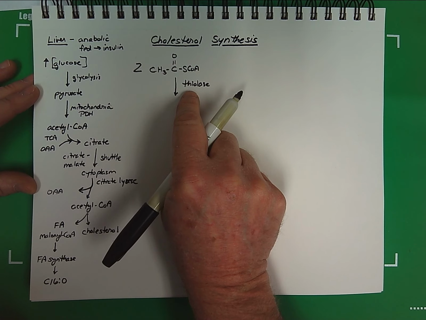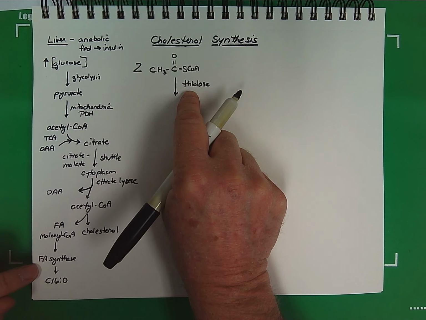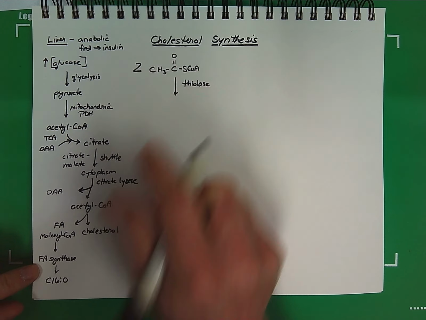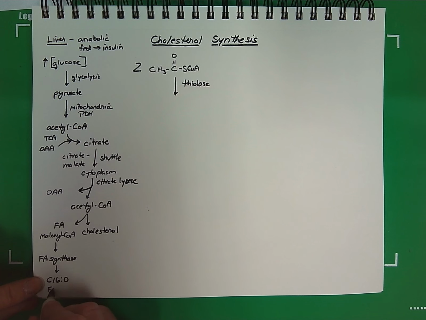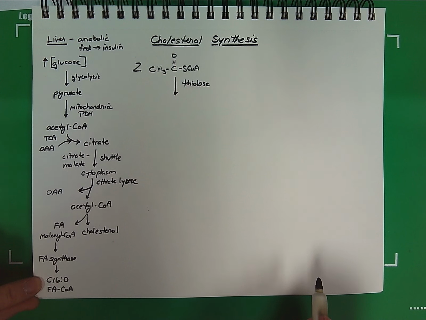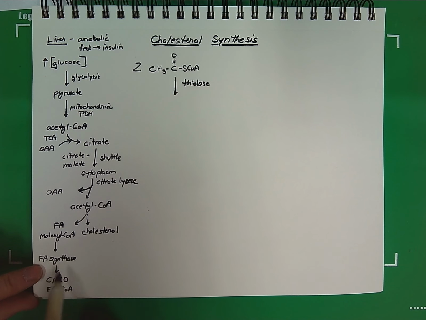This thiolase, recall, we have seen in fatty acid synthesis. This is the final step to make a fatty acyl-CoA molecule in fatty acid synthesis. We will be using the coenzyme A to displace the newly synthesized fatty acid off of the fatty acid synthase complex.